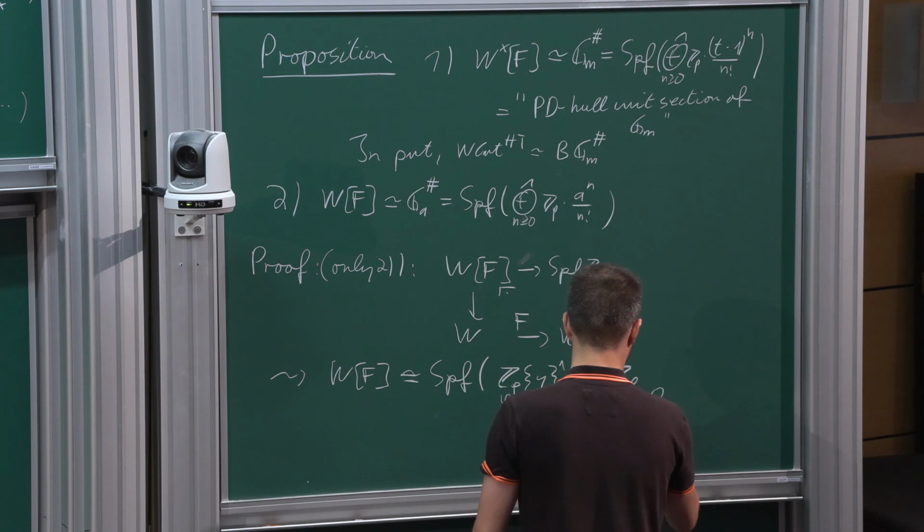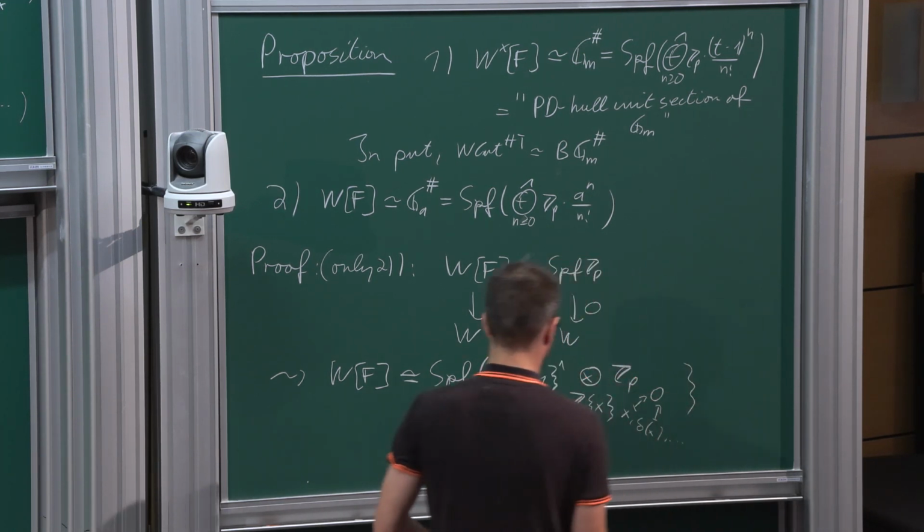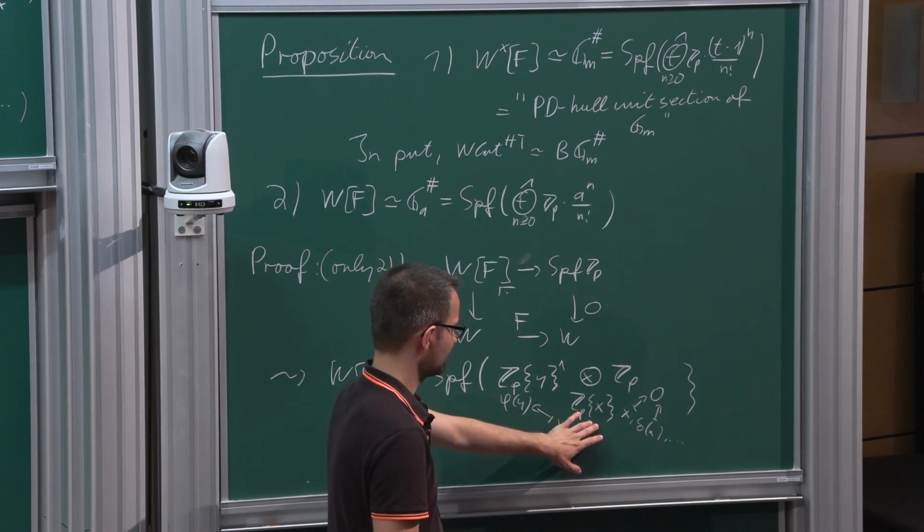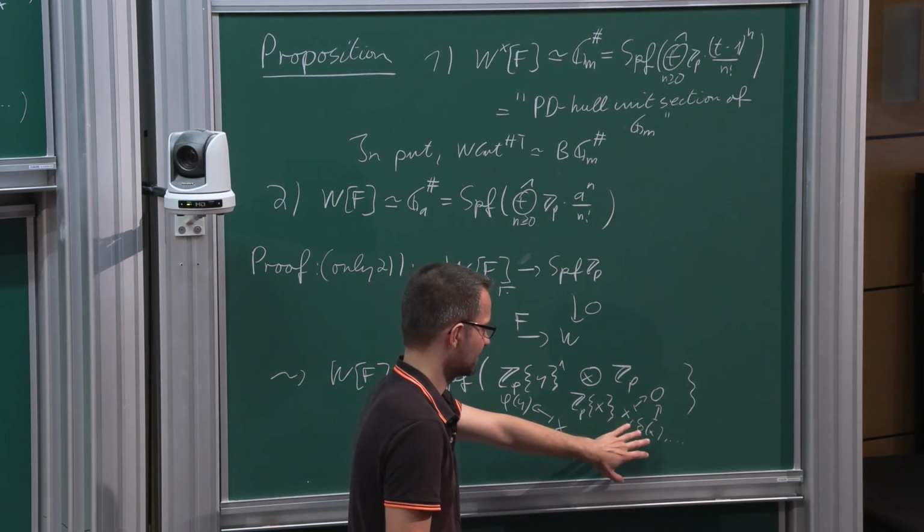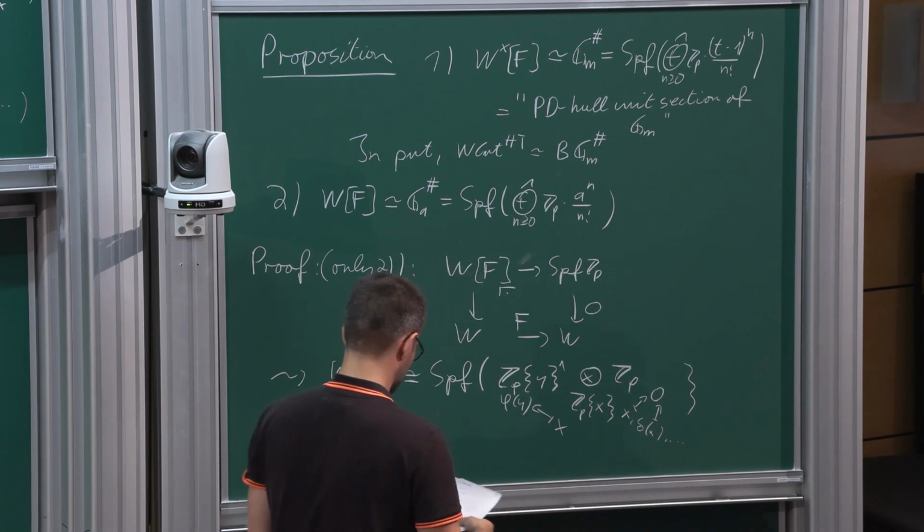And so recall that this is just a polynomial ring on X, delta of X, delta squared of X, and so on.